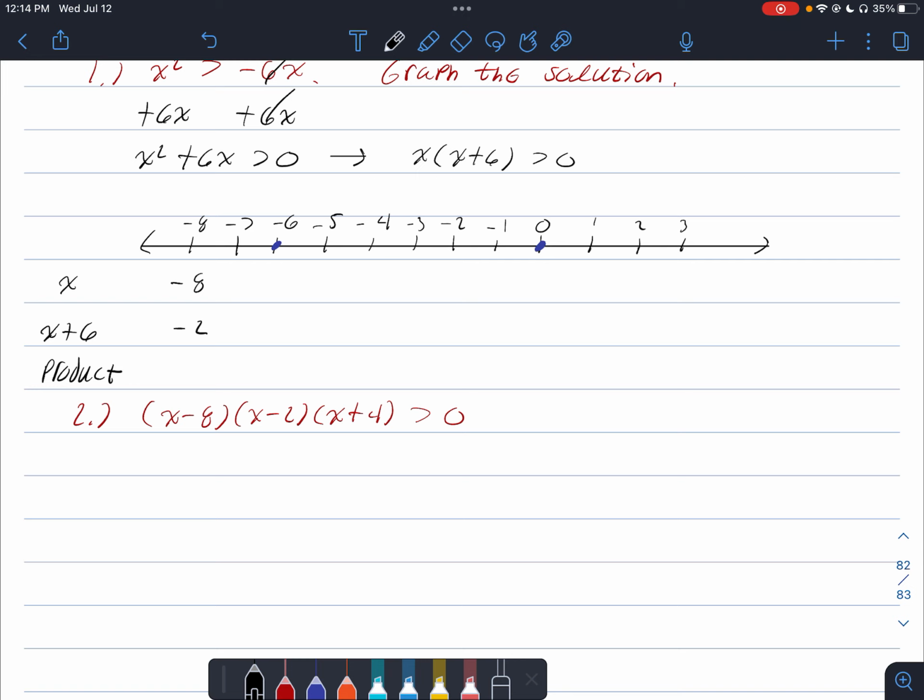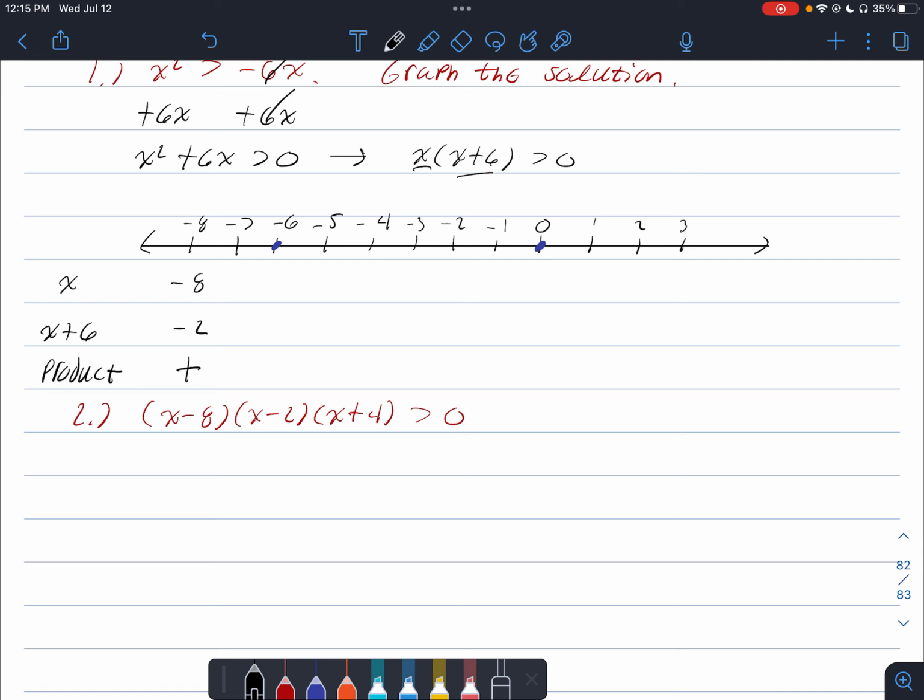That means that the product of these two factors, given a sample value from the interval from negative infinity to -6, is positive. So x times x plus 6, for anything on this interval, is going to be positive.